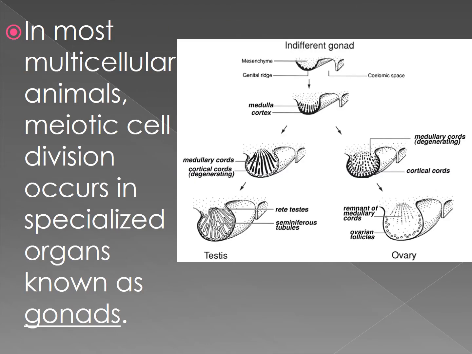So in most multicellular animals, we have obviously sex organs, and our sex organs are called gonads. Sex organs make you go. For males, you have a penis and testes.